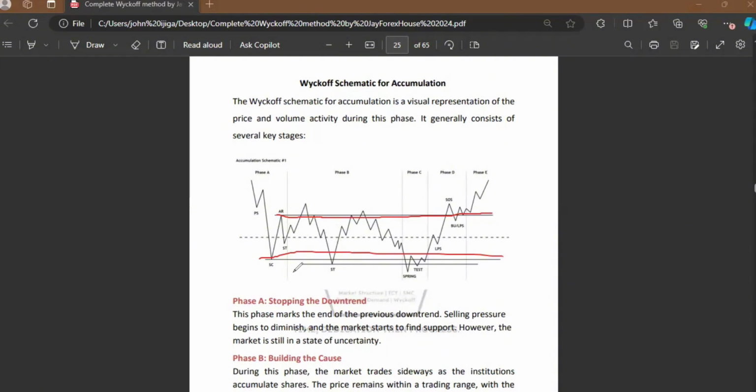In the previous video, I taught you about premium and discount in supply and demand. The same concept applies when you're looking for an entry. We look at the range from the high to the low, and with the concept of premium and discount, we know there will be an equilibrium level. If price is going to go bearish, it has to retest the premium level of the range.